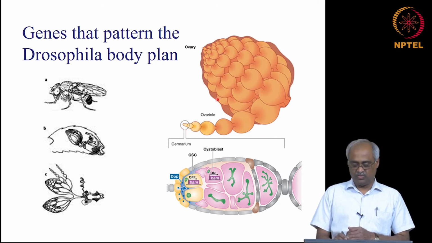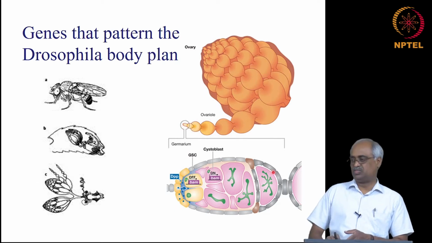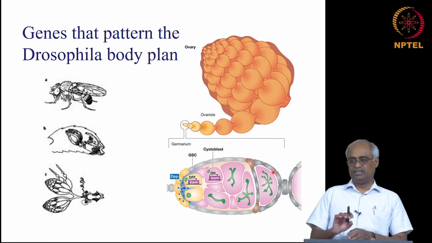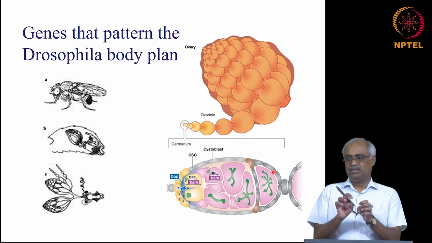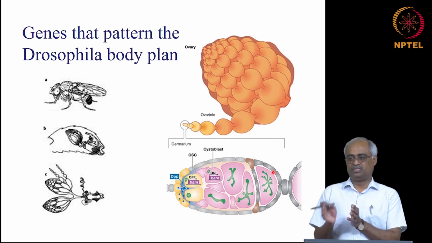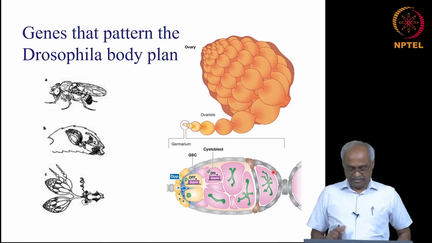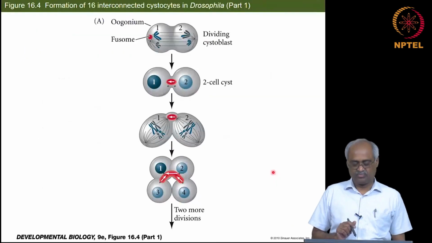So, ovary, ovariole, germarium, and from germarium you get these cysts. Cysts are basically one of the daughters of the germline stem cell. After that initial division, this cell undergoes 4 successive mitotic divisions with incomplete cytokinesis, and that is shown in the next slide. Okay.